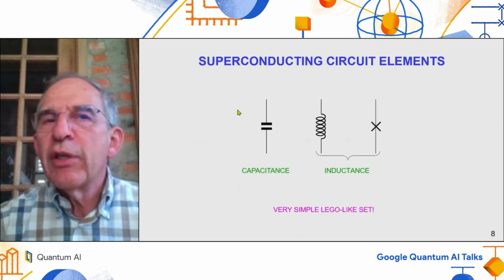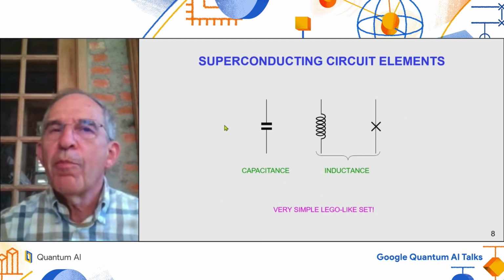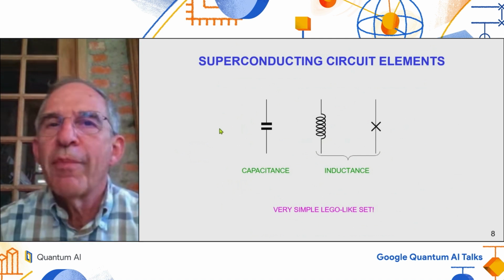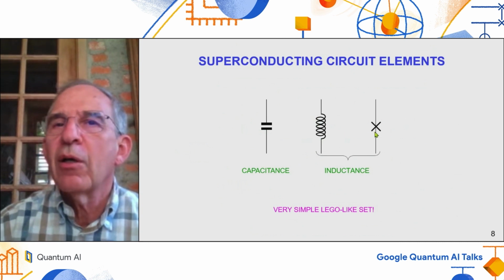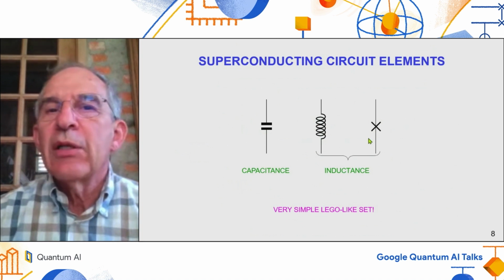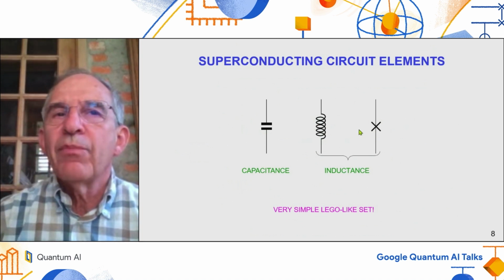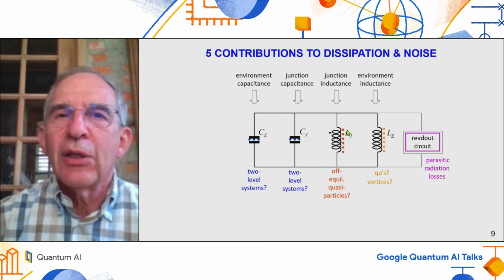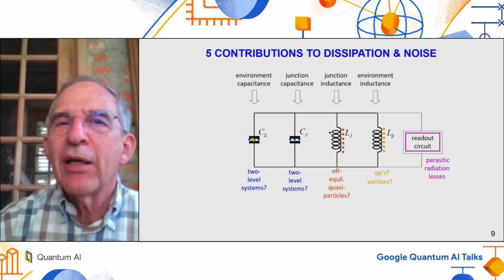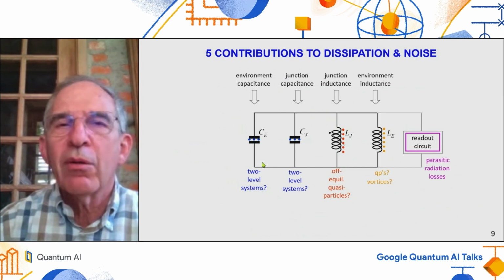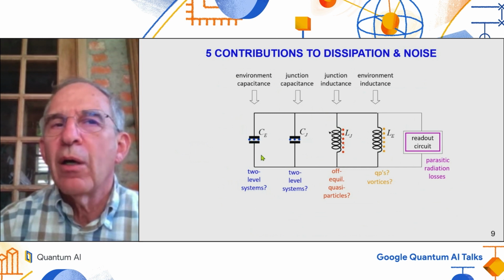Therefore, when we design a superconducting artificial atom to make a qubit, we can play with the combination of three elements: capacitances, pure inductances, and Josephson elements. It's a very simple Lego set, and you can go quite far into inventing all kinds of atoms, but you have to pay attention to important physical aspects.